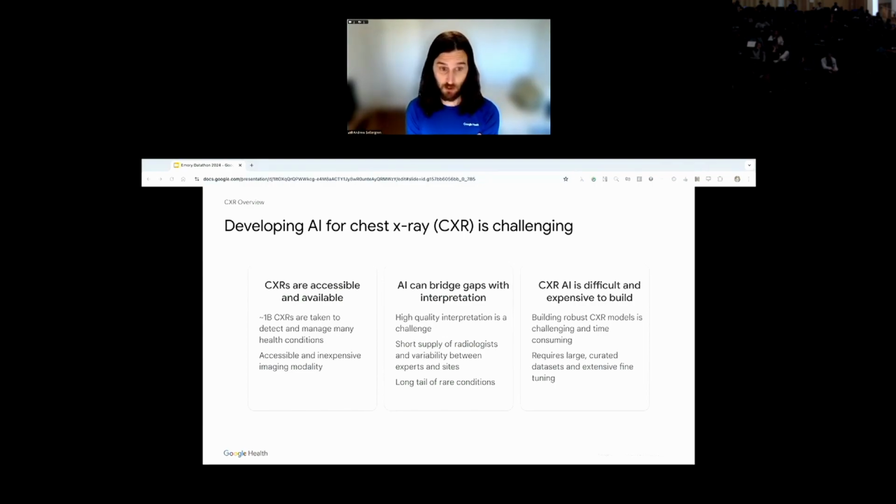That being said, it's still very challenging to develop AI for this. There's a lot of variability between experts reading this, between sites, between scanners. There's a very long tail of rare conditions that can be visualized on chest X-ray, and also the compute and expertise that's required to build these is extensive, right?